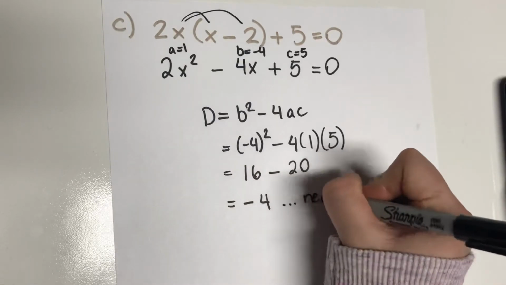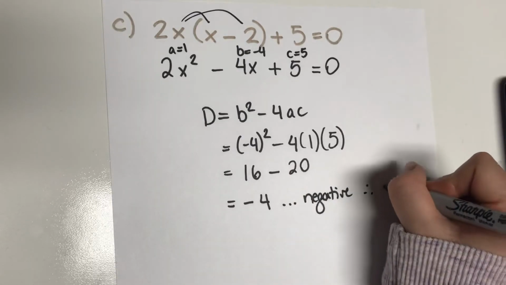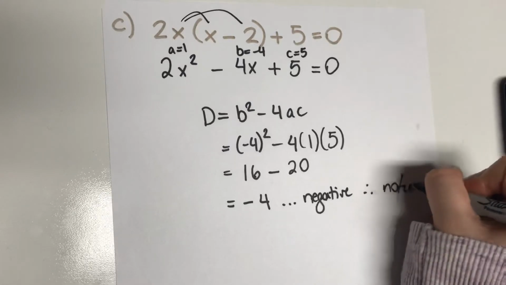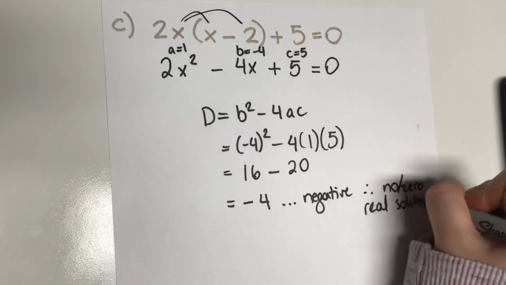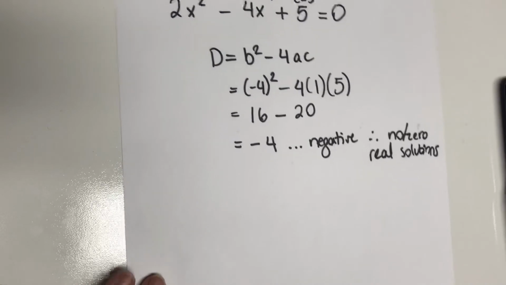So this is negative. Therefore, there are no, or 0, real solutions. So it's not going to cross the x-axis.